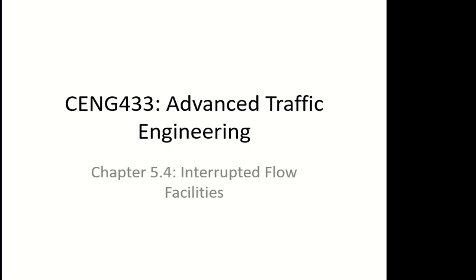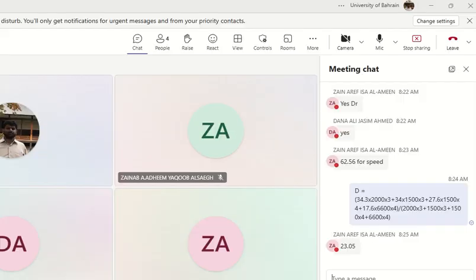So who can remind me about the difference in interrupted and uninterrupted flow facilities? What was the difference? Yes, what's the difference between interrupted and uninterrupted flow facilities? Dana, Zainab, what's the difference in them?